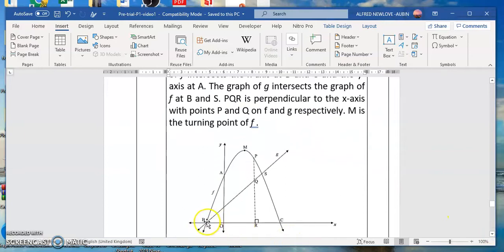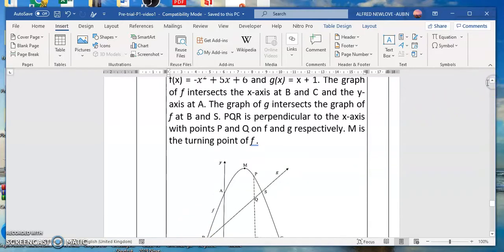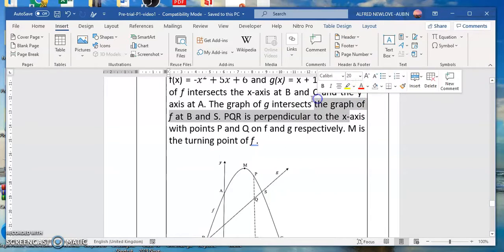This is the x-axis, and it intersects it at what? B. What do I mean by intersecting at the x-axis? It means it touches the x-axis at what? B. And C.